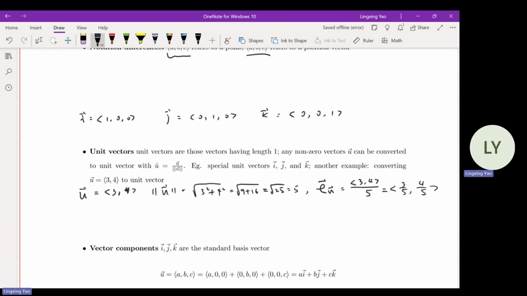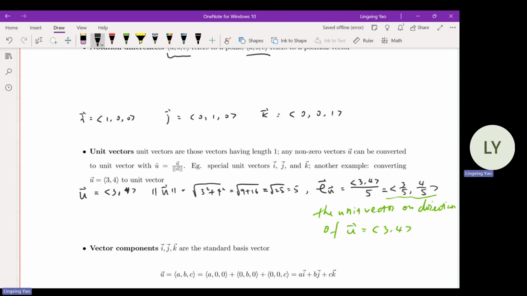So this is a scalar multiple for this vector we want to compute, and this is our result. All right, so this is the unit vector on direction of u equals 3, 4. So this is how we memorize it.